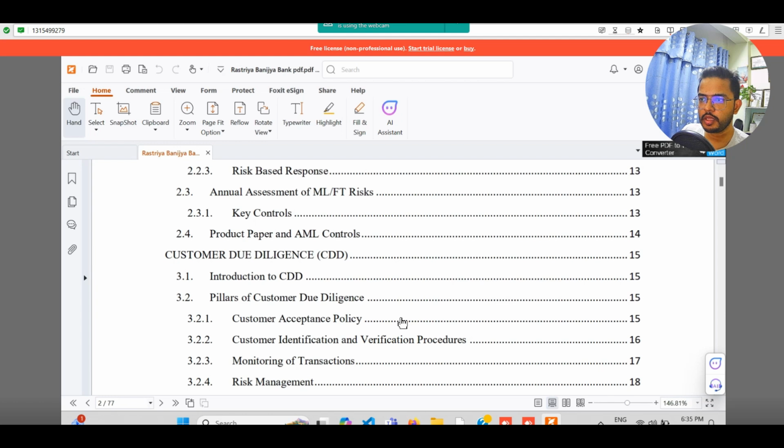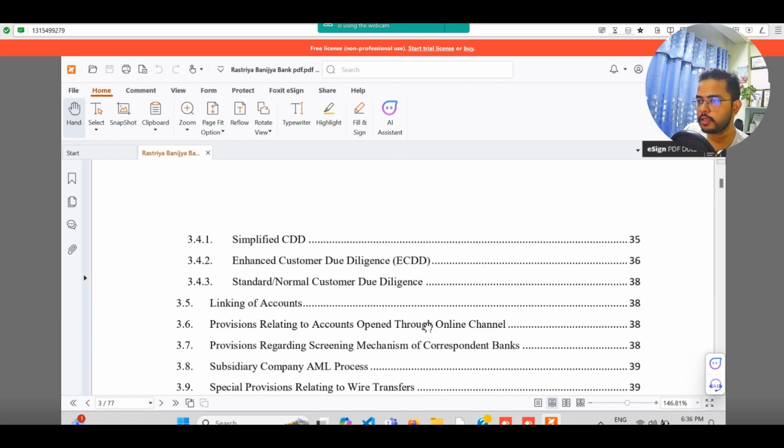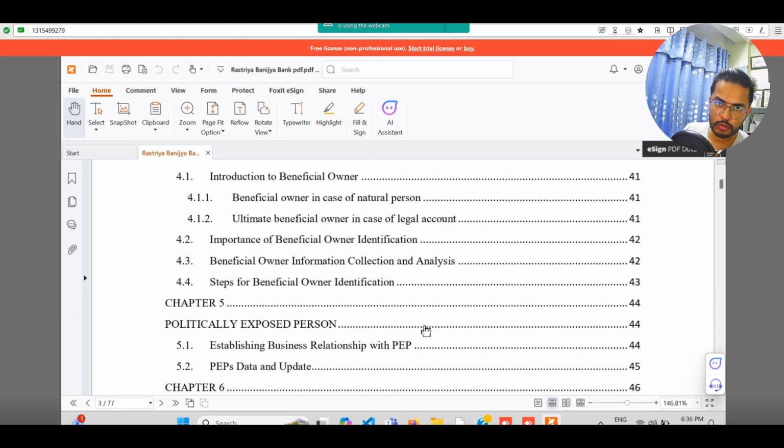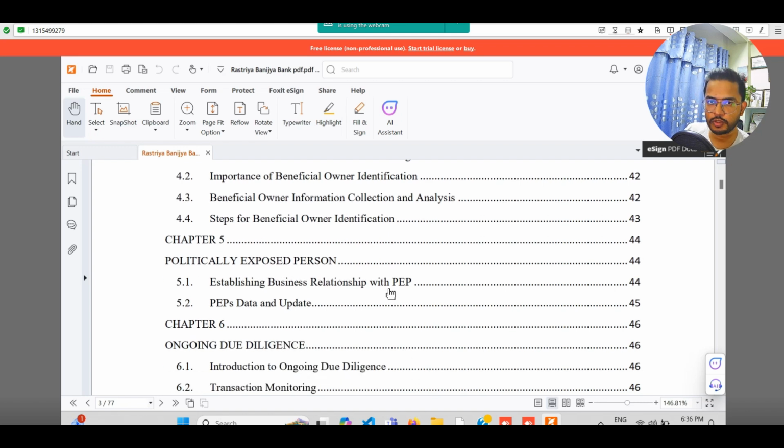Maybe you can put the policy on your website, but it is never advisable to put your AML procedure or manual in a public domain, because if criminals get hold of this manual, they could identify loopholes in your procedures and use those loopholes for money laundering and terrorism financing transactions. So you should keep note of this.